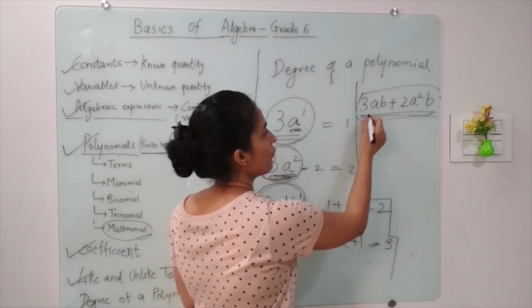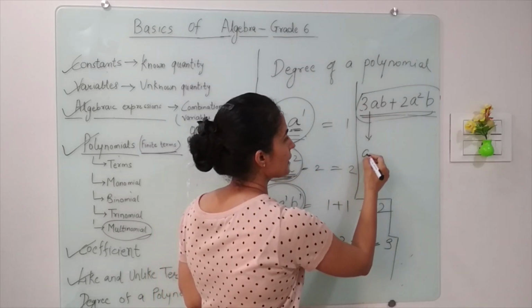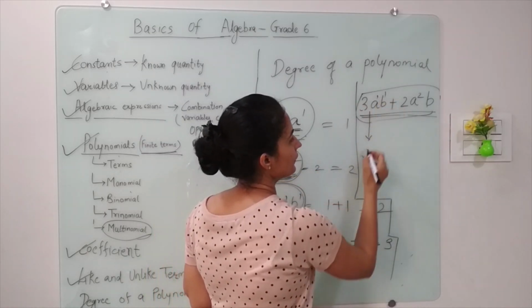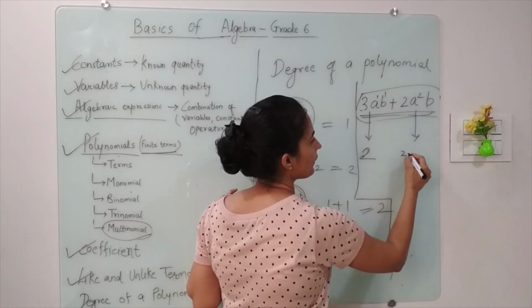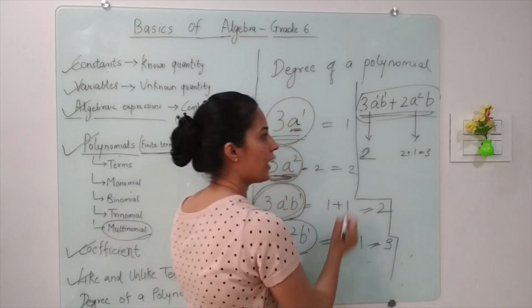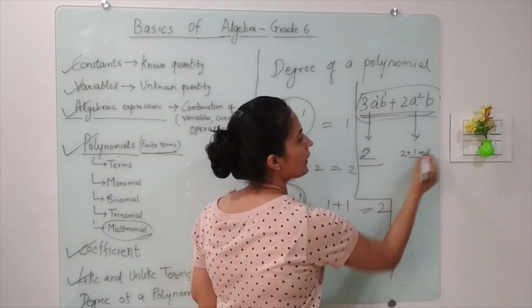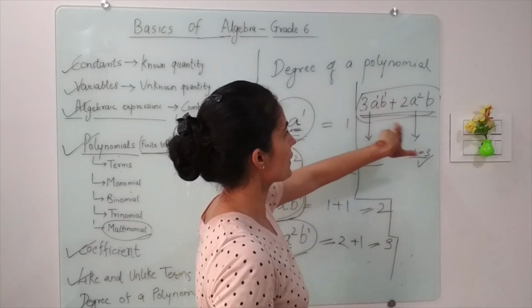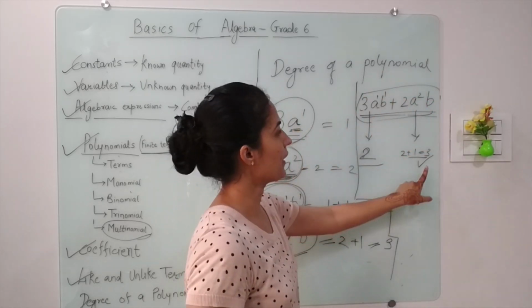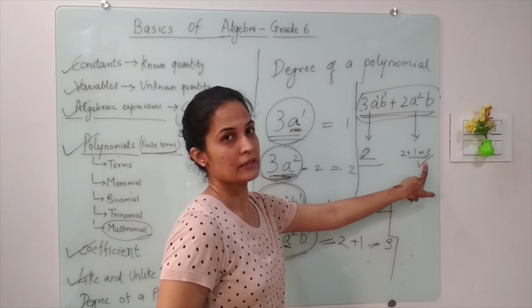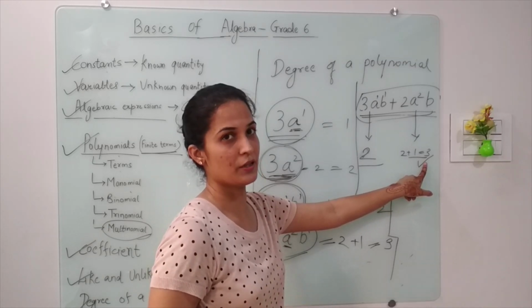So for this term the degree is 1 plus 1, that is 2. For this the degree is 2 plus 1, that is equal to 3. The highest of these is 3. So the degree of this complete polynomial or algebraic expression is 3. I hope this degree is clear to you all.